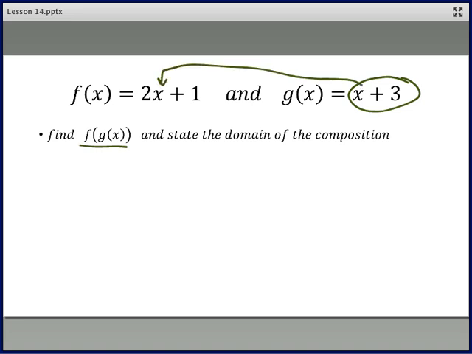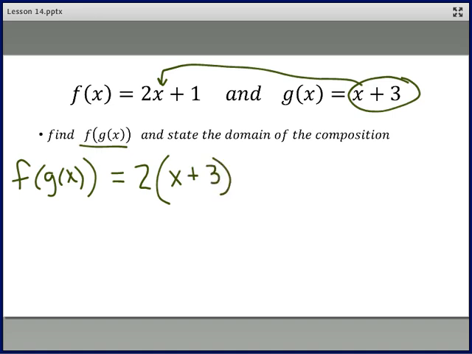So I want to put this into that function. So again, whenever I see x, I'm going to replace it with the function from g. And then I'm going to simplify.